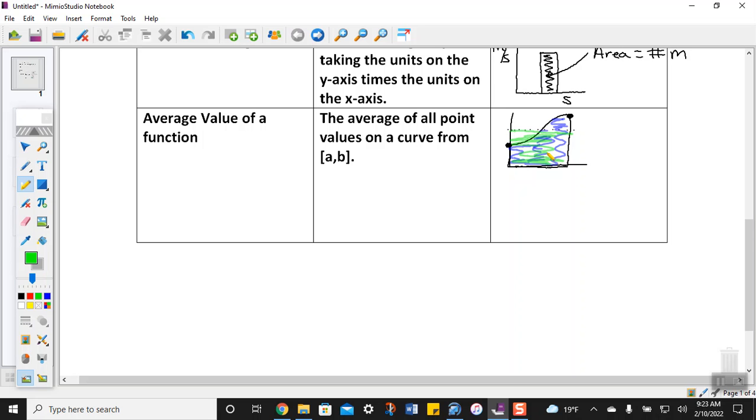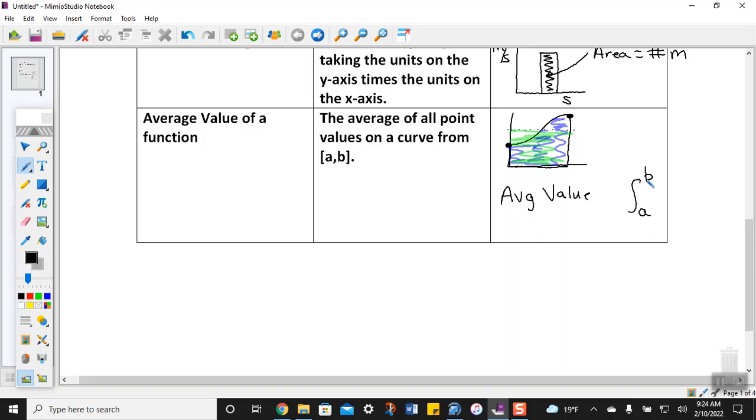Turns out there's a nice little formula for it. Let me write that down for you, okay? Average value is the following. It is the integral from lower limit. Anybody want to guess what I'll put down here? It might be 0 sometimes, but we'll just go a to what?